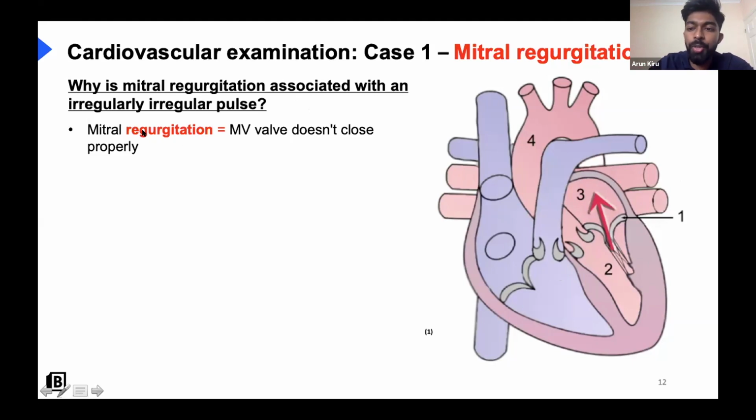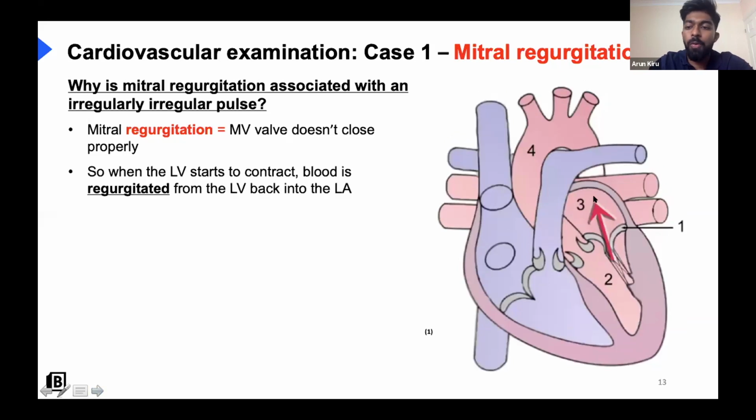So in mitral regurg, the fundamental problem is this mitral valve just doesn't close properly. Okay, it doesn't close properly. In a normal person, the mitral valve closes and the left ventricle starts to contract, forces blood into the aorta through this aortic valve, and it gets pumped everywhere.